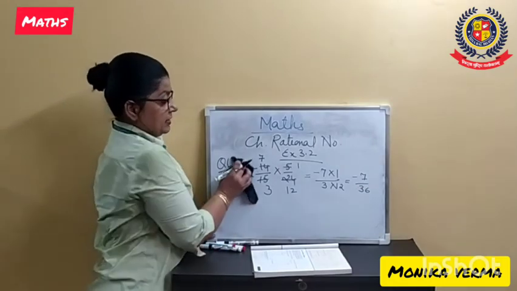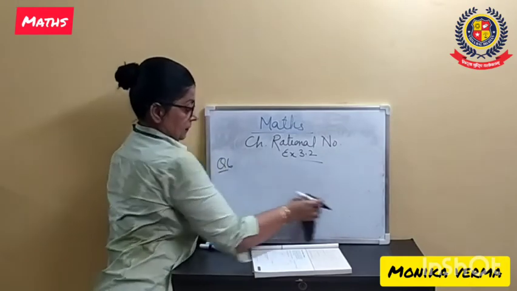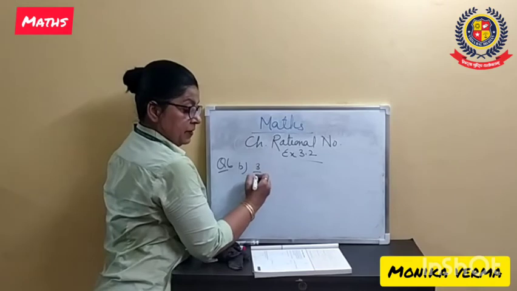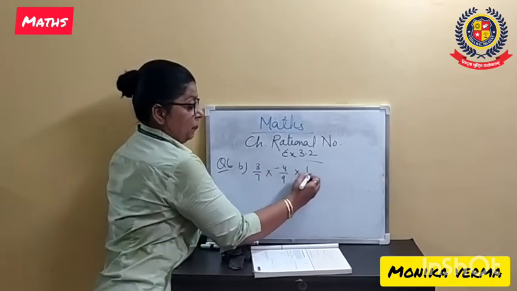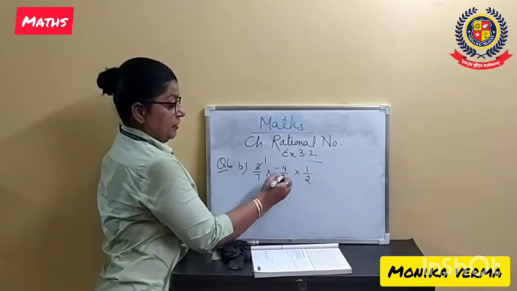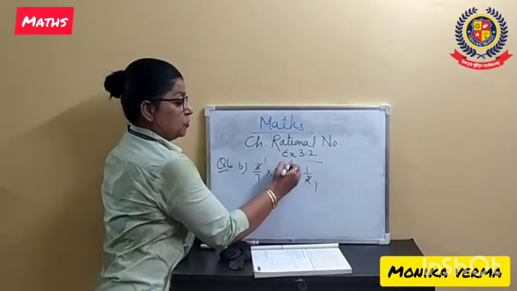Okay. Second part, B part. 3 by 7 into minus 4 by 9 into 1 by 2. Again 3 ones are 3, 3 threes are 9, 2 ones are 2, 2 twos are 4.